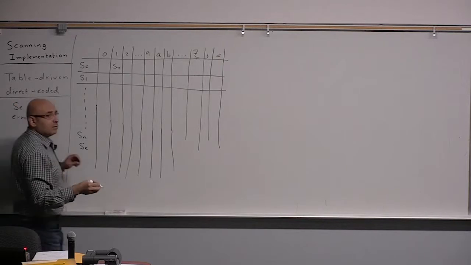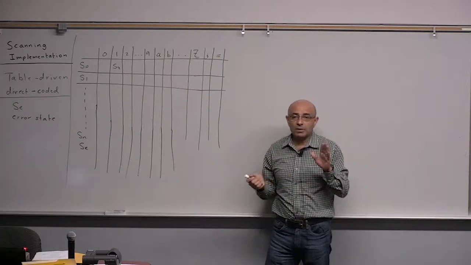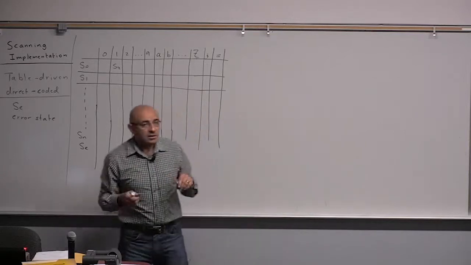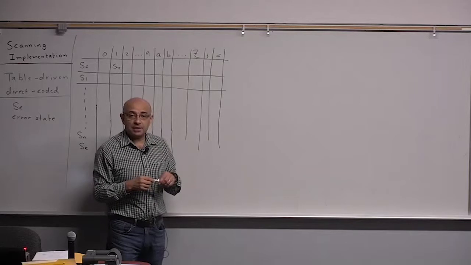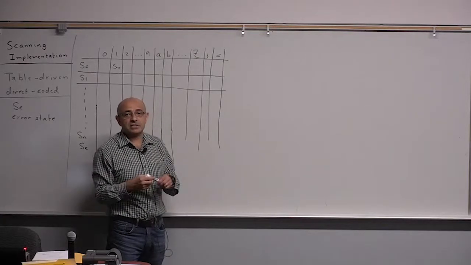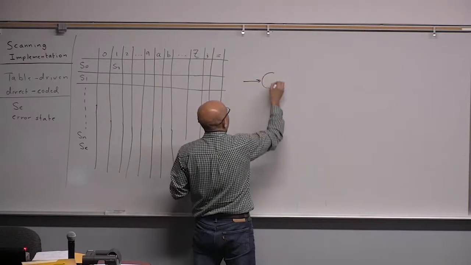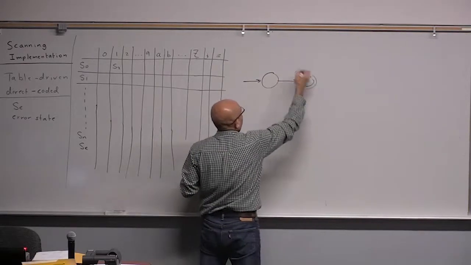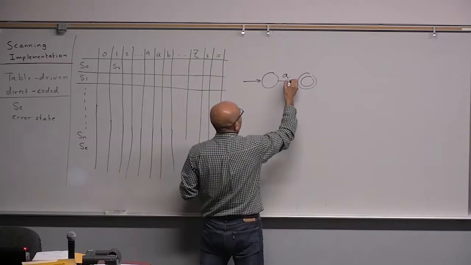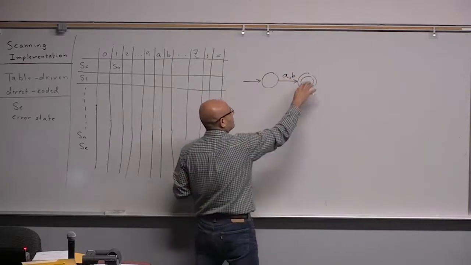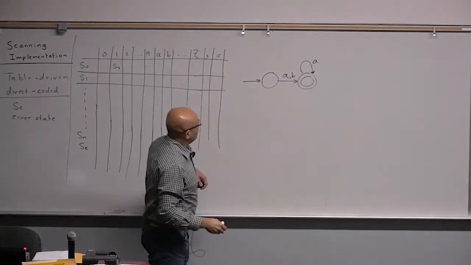The error state will be explicit in a DFA, because in a DFA there will always be a transition. What an error state in the DFA may correspond to in the NFA is just no transition. For example, if you have an NFA that goes on A or B, and in this final state, if you get an A, you cycle.